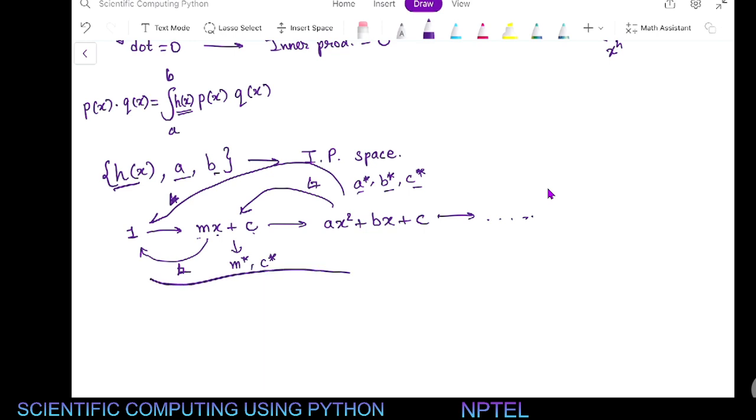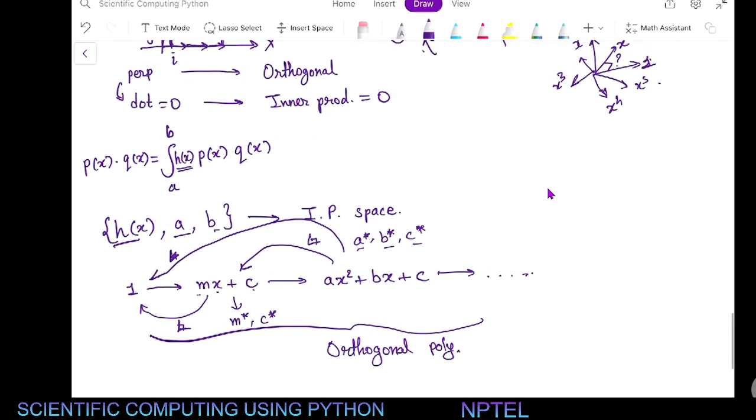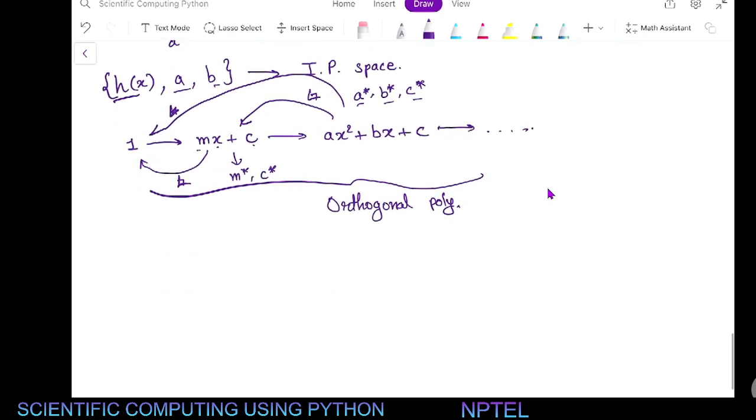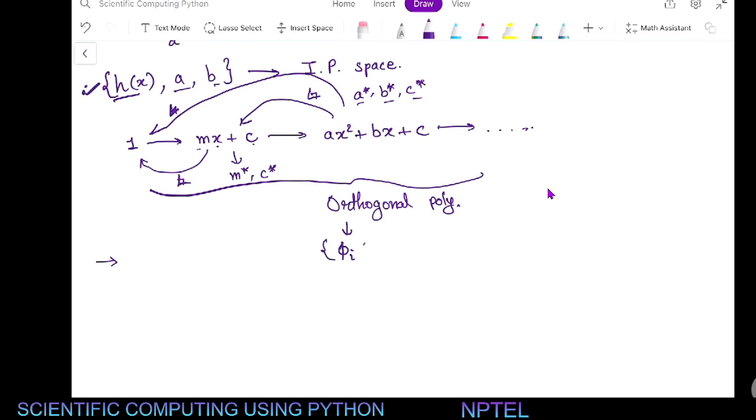So all of these are going to be orthogonal polynomials. By the way, we are saying that p and q are polynomials, but they can be functions in general. These orthogonal polynomials we call phi i. So if you choose h and a and b, then you get some set of phi i.